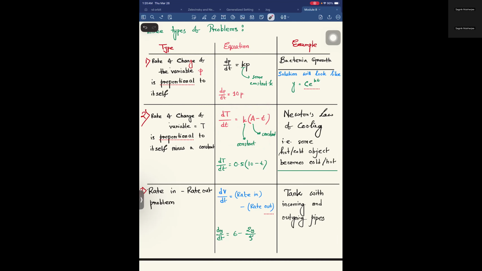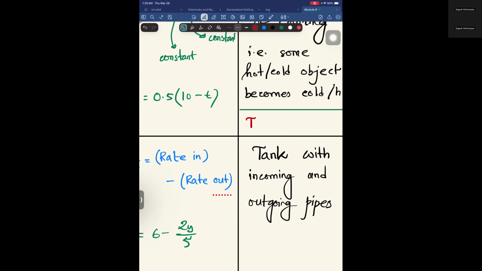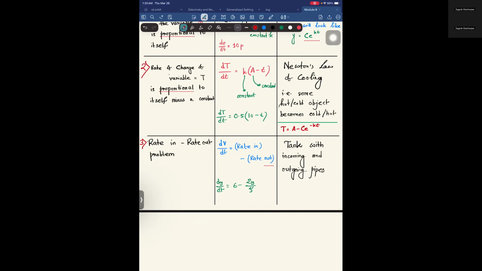And what is the solution? The solution would look like T equals a minus c e power negative kt.